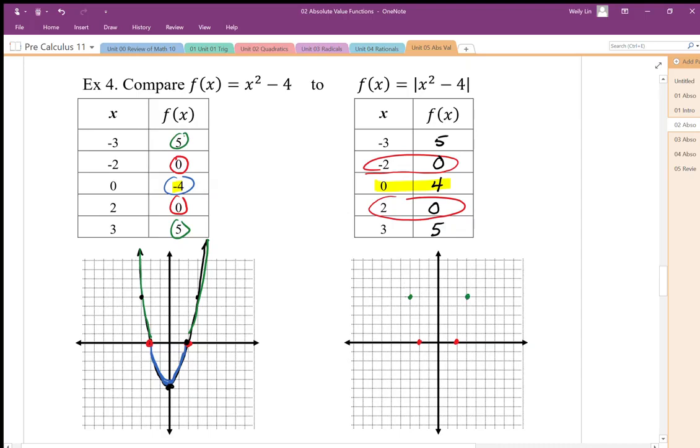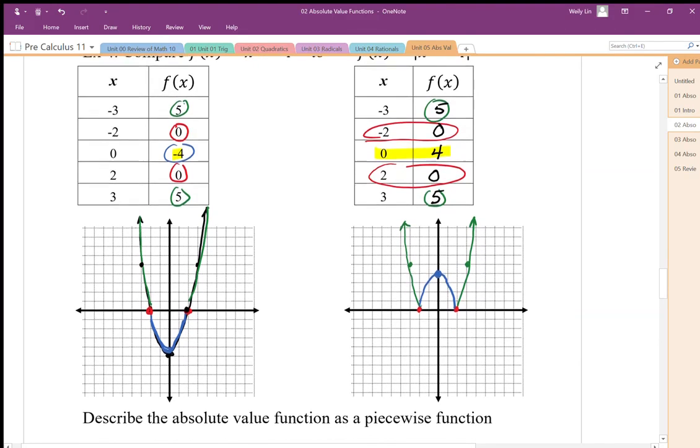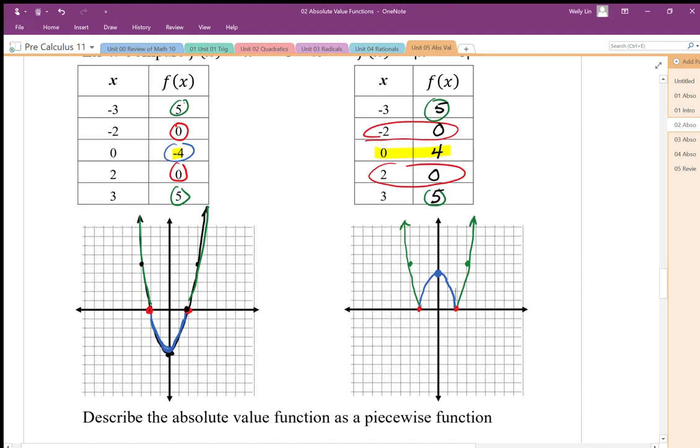In fact, we know that all this above is the same as what we started off with. But where things have changed is at 0, now instead of -4, we're at +4. In fact, everything that was below now becomes positive above. So there's what my graph's going to look like. It is going to be this kind of W-shaped graph. This is probably new, but this is what we should expect based on the properties of the function.